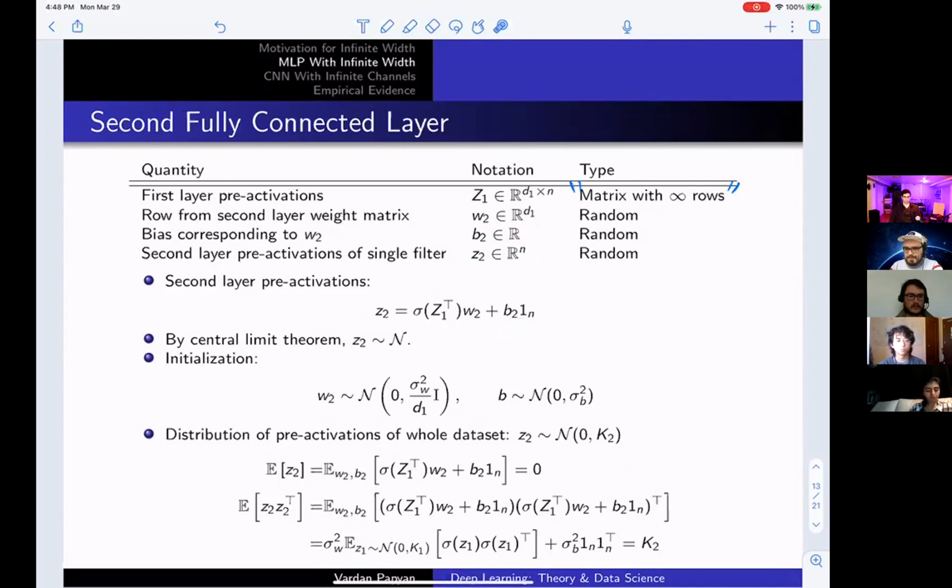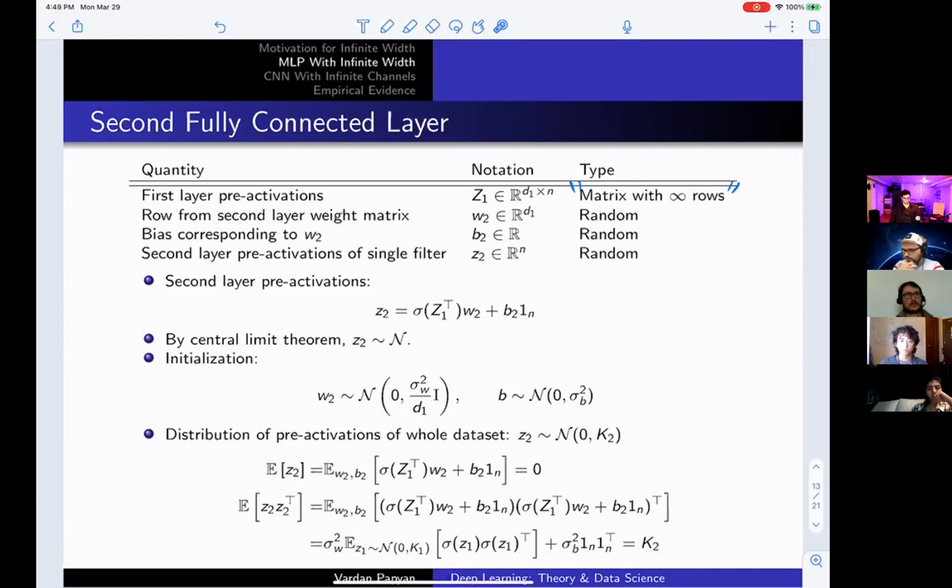So all of these are random quantities. Why do we think of W2 as being random? Because W2 is initialized from a random distribution, because that's how networks are initialized in practice. And we have essentially infinite rows in capital W2, so you can think of each row as being a sample from a distribution.